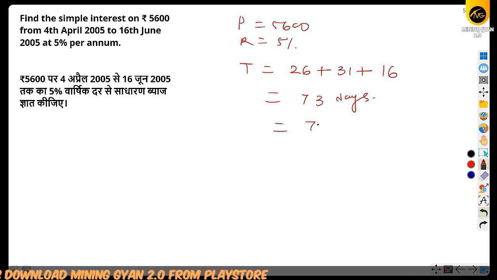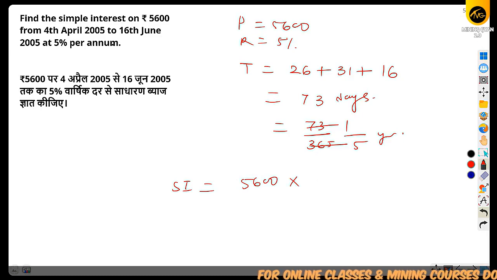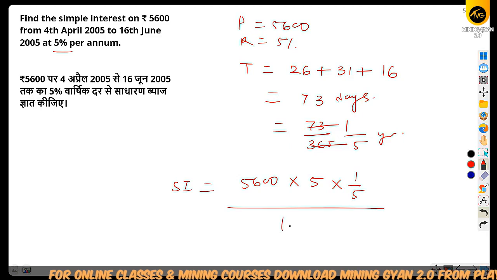Just convert these 73 days divided by 365 into year form. So 1 divided by 5 year is the time duration. Now just use the simple interest formula. 5600 is the principal amount, into 5, which is the 5% rate of interest, and 1 divided by 5 is the total time duration, and the whole divided by 100.